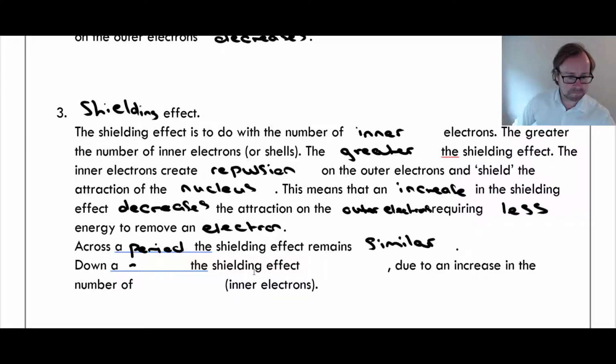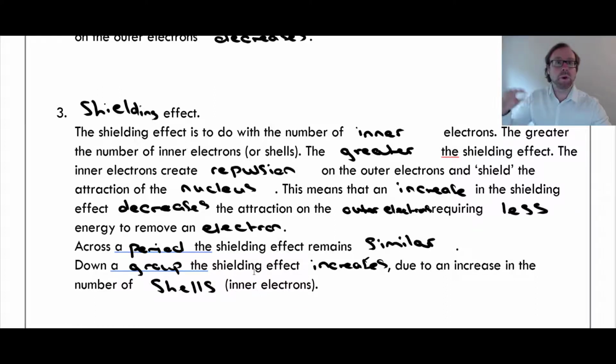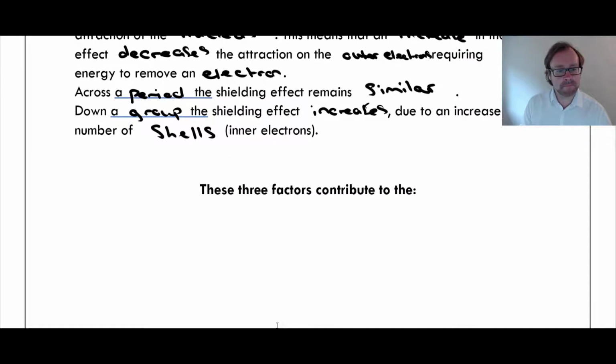Down a group, the shielding effect increases due to an increase in the number of shells, which again makes sense. As we go down a group, we're going to increase the number of shells, therefore the inner electrons, so we're going to increase the shielding effect. I would have a read through of this paragraph a couple of times just to get your head around it.